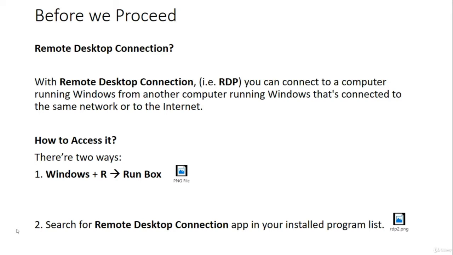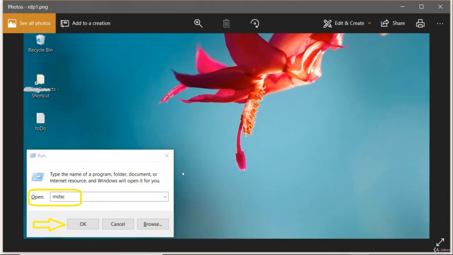How to access it? There are two ways to access RDP. The first one is Windows plus R. That is, you press Windows plus R key together and a run box will appear. This run box looks something like this. This is the run box. And here you type MSTSC.